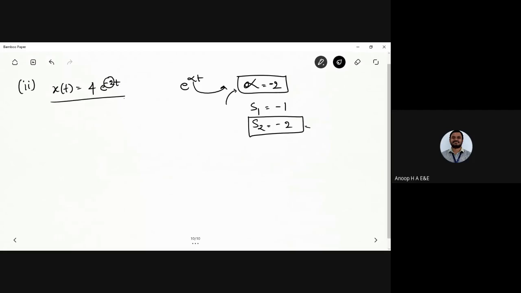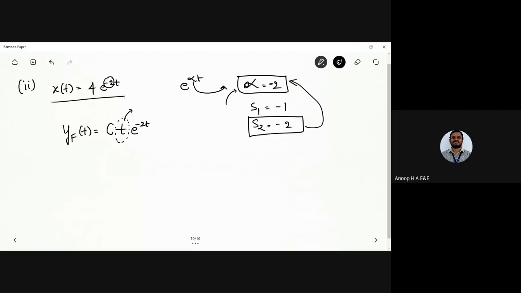Now I have s2 and alpha being equal. So what would be the structure of the forced response? Along with the constant and the exponential term e power alpha t, where alpha is minus 2, you are going to have a t term included. This t term is included because alpha, which is minus 2, coincides with s2, which is minus 2.